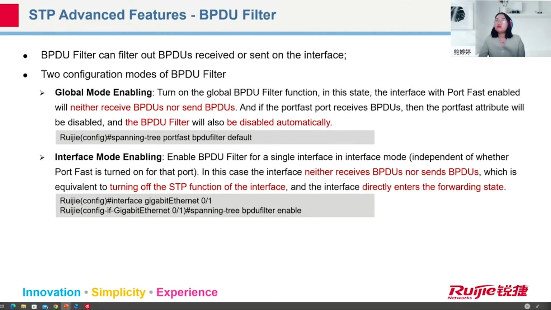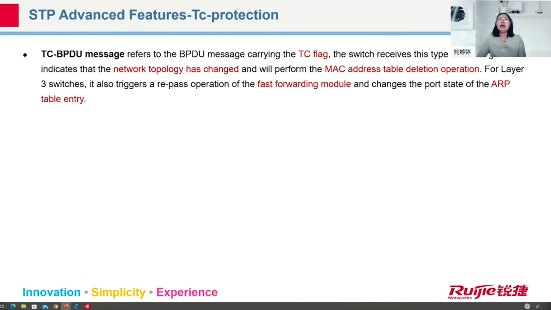But pay attention: if you turn off the STP function, that means this interface is a normal interface. If I use a cable to connect with each other, I can directly forward out. I don't care whether there is a loop or not. I also don't care whether there is a redundant backup link or not. So this is the BPDU filter.